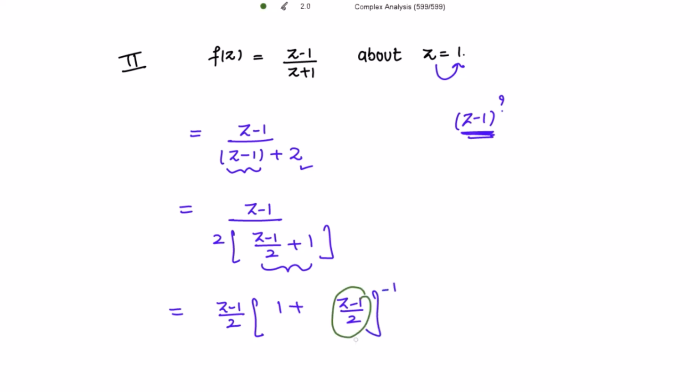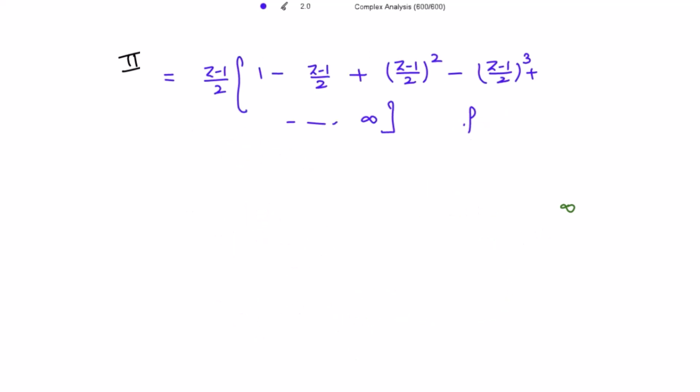If I take this as the variable x, what is the expansion for (1 + x)^(-1)? It is 1 - x + x^2 - x^3 up to infinity for |x| strictly less than 1. So let's use this expansion on this, for |(z - 1)/2| strictly less than 1, the condition, right?